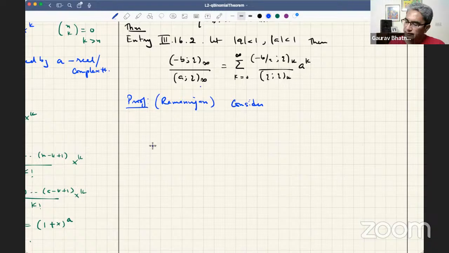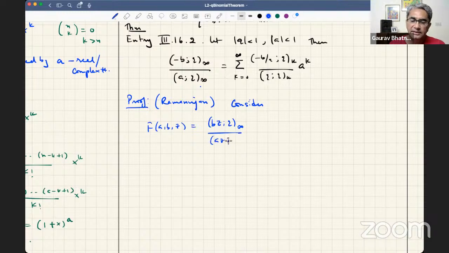Consider this function f(a,b,z) equal to bzq infinity over azq infinity. So this is the product for k going from 0 to infinity, 1 minus bz q to the k over 1 minus azq to the k.